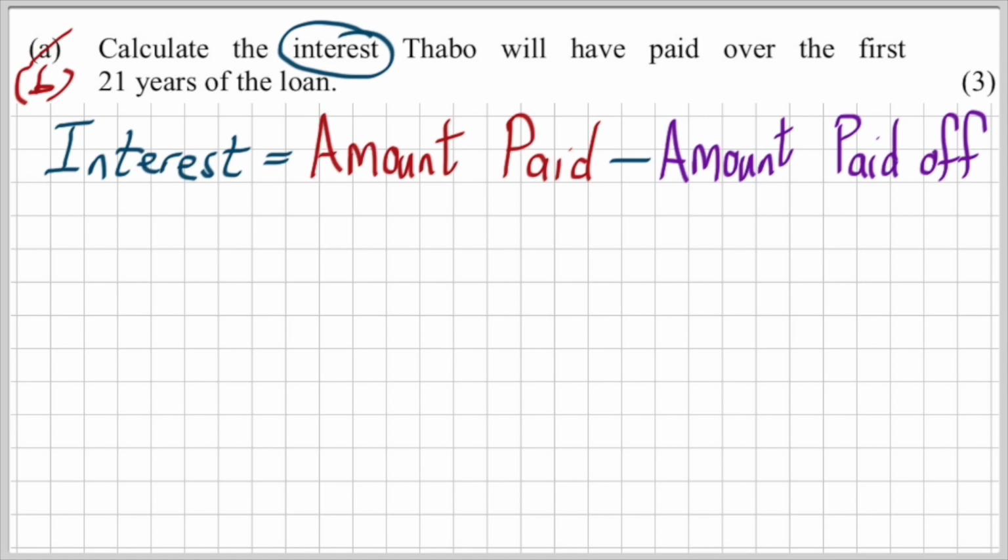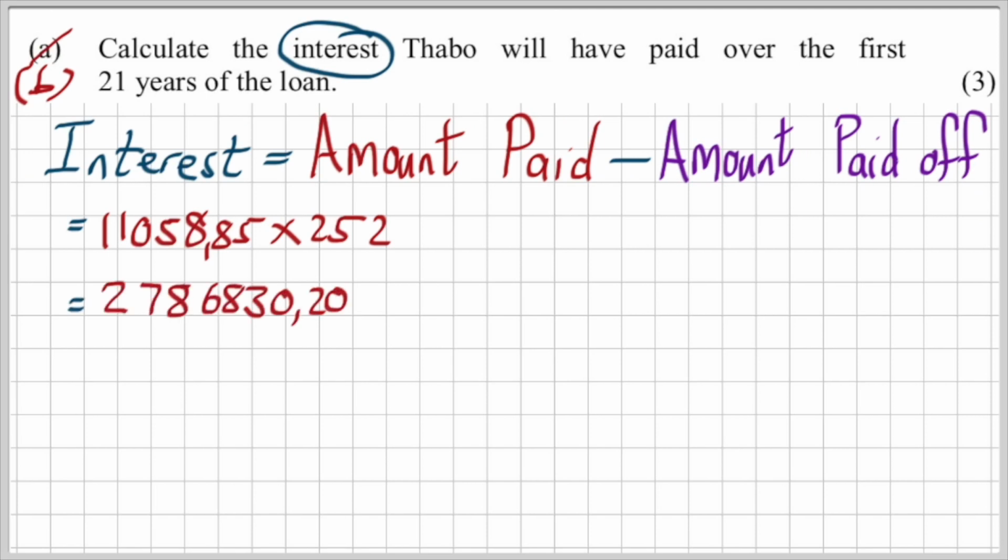So the amount you actually paid is you took the 11,000 Rand and you made 252 payments into the bank, which means you paid a whopping 2.78 million Rand into the bank account. But how much did you actually pay off?